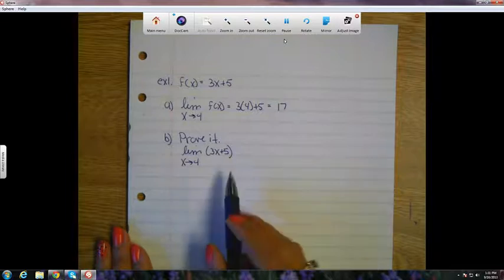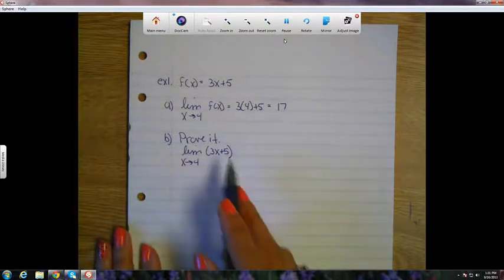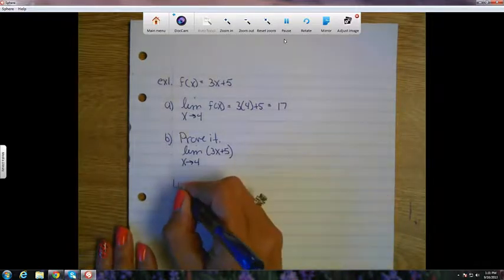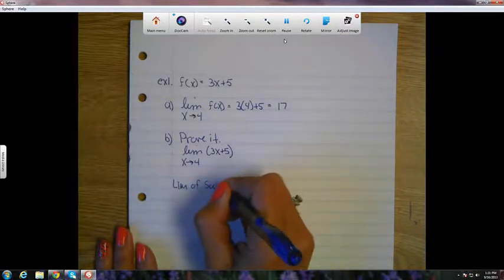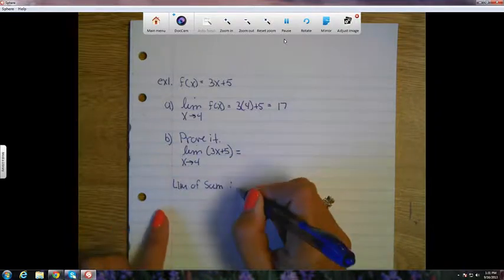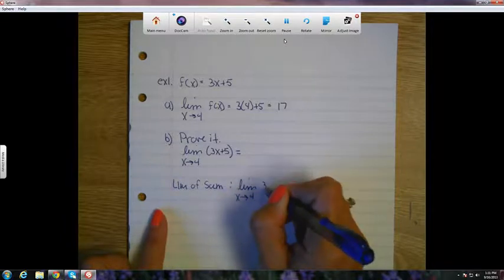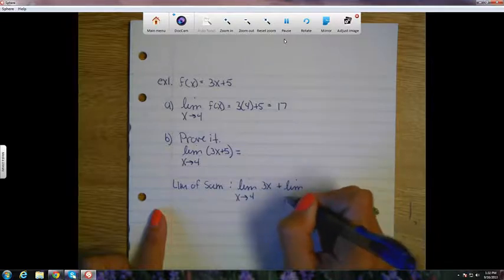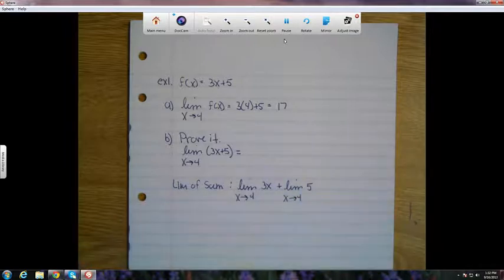The first thing you want to do is use the limit of a sum to break this apart into two separate limits. So you have to tell yourself, tell me what you're doing. So we're going to use limit of a sum and I can now write the limit as x approaches 4 of 3x plus the limit as x approaches 4 of 5, because that's what that property says.